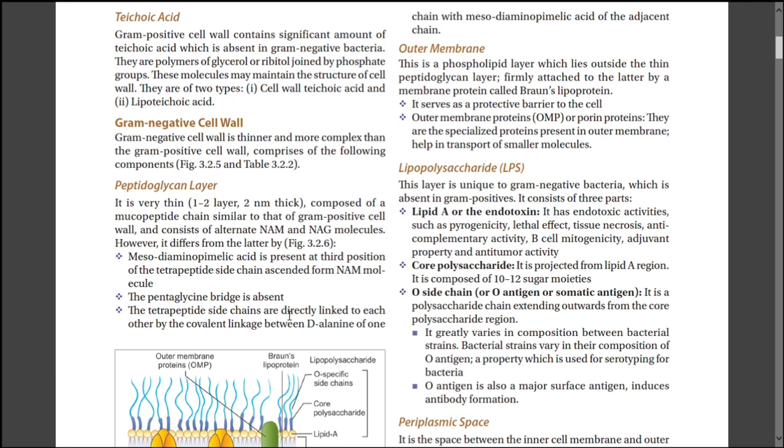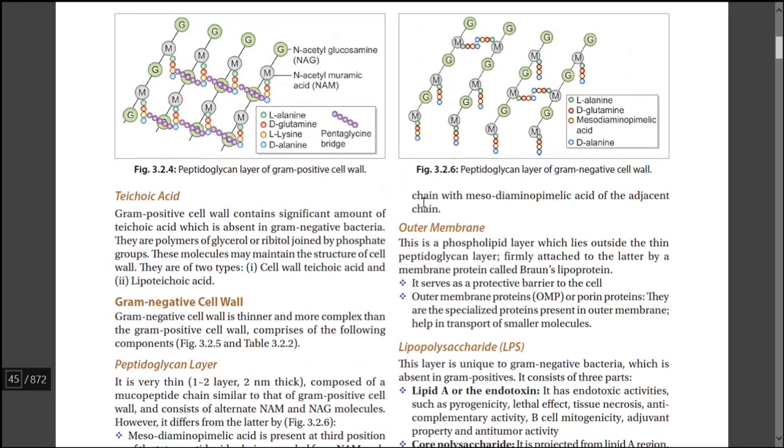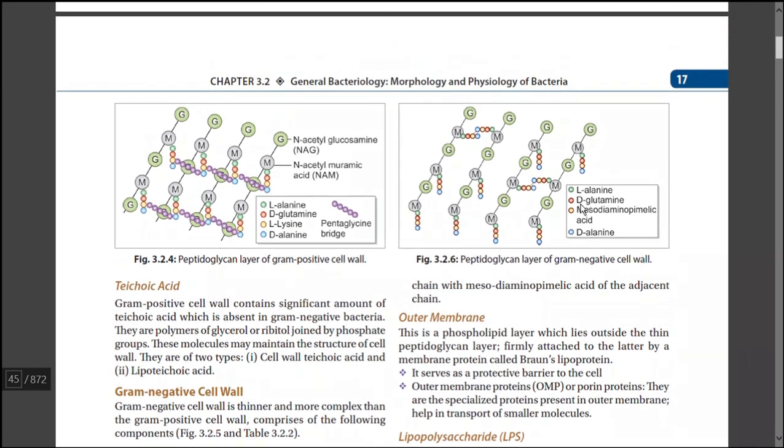In gram negative cells, the tetrapeptide side chains are directly linked to each other by a covalent linkage between D-alanine of one chain and meso-diaminopimelic acid of the adjacent side chain. You can remember this through this diagram.